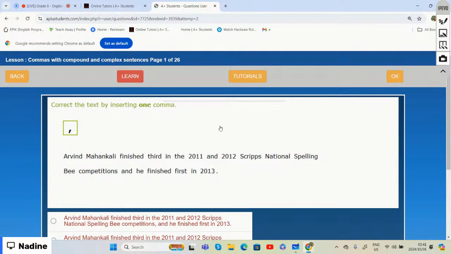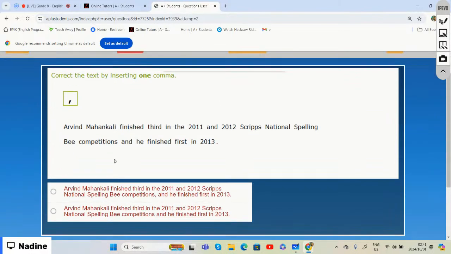It says, Arvind Mahankali finished third in the 2011 and 2012 Scripps National Spelling Bee competition, and he finished first in 2013. We need to insert the one comma. Just think of it, is that a compound sentence or a complex sentence?